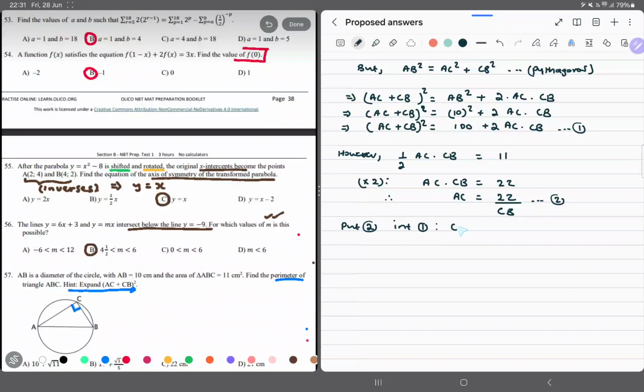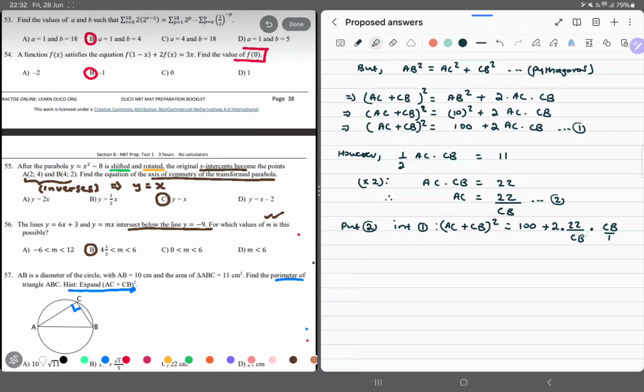We get AC plus CB all squared is equal to 100 plus 2 times, instead of AC we write 22 over CB, times CB. Maybe let's not even put brackets, they will cause us problems, so just put a dot. Multiplication can be represented by that. Perhaps this one is easy to try and show as a fraction.